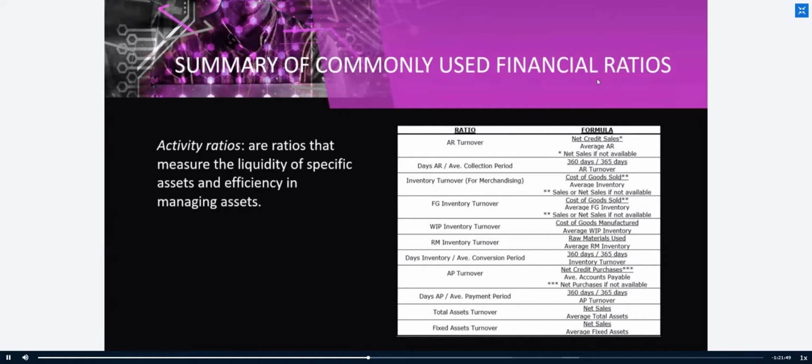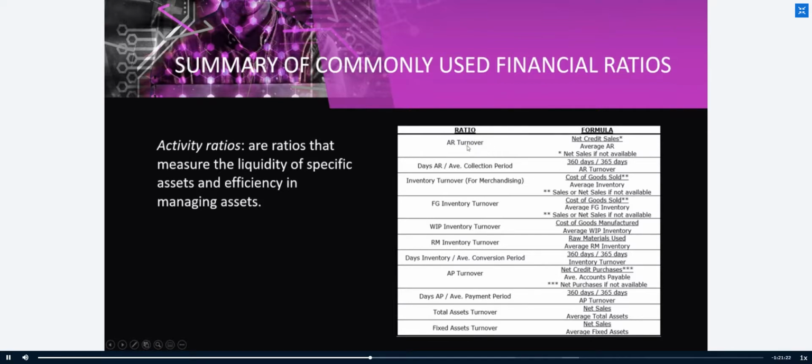But take note, class, whenever the ratio is a turnover ratio, the numerator will always be the related income statement account. For example, AR turnover. Notice this.